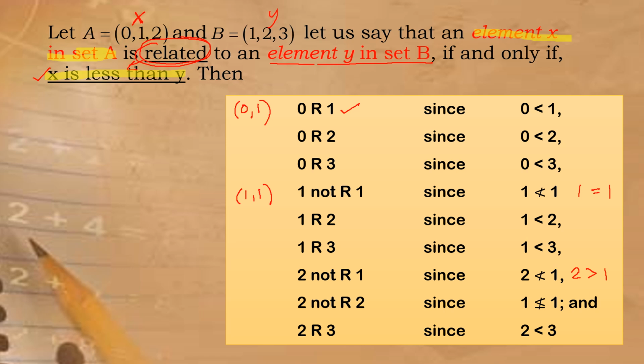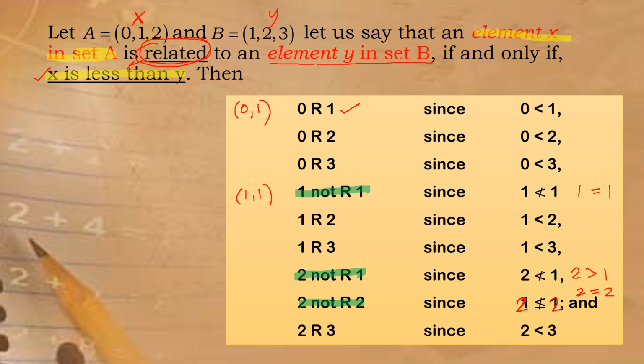And then, ganun din sa kabila. This is 2, which is not less than 2, or 2 should be equal to 2. So, how many not related coordinates do we have? We have 1, 2, and 3 only.